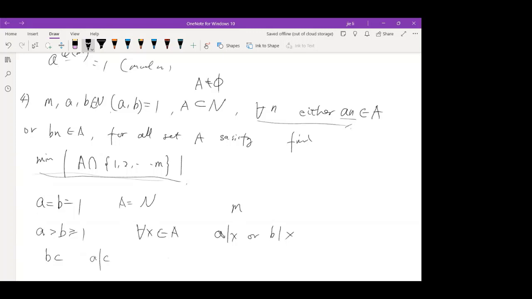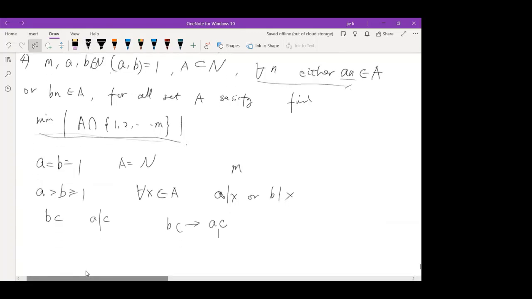We could easily remove this bc because we want to make the intersection with the smaller numbers as small as possible. So you could easily change this bc to ac. Right. With this one, you see this still satisfies the requirement, and it will contribute to reducing the cardinality.